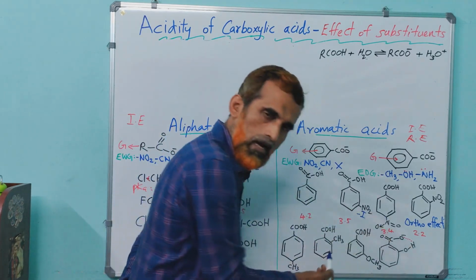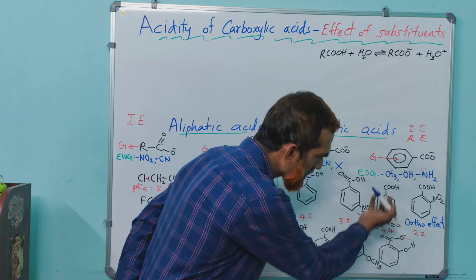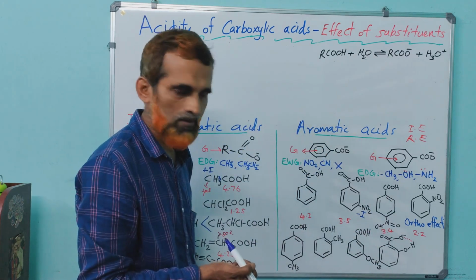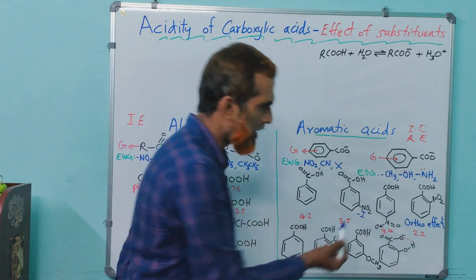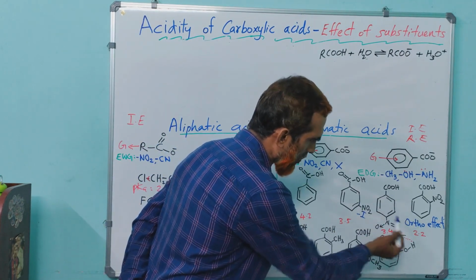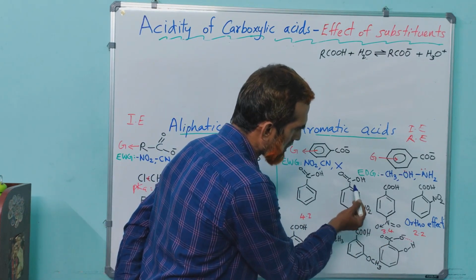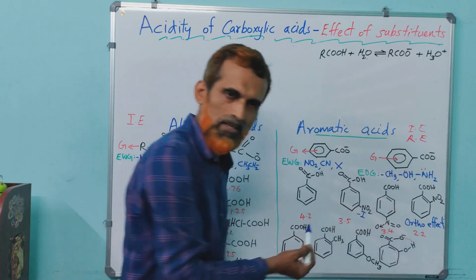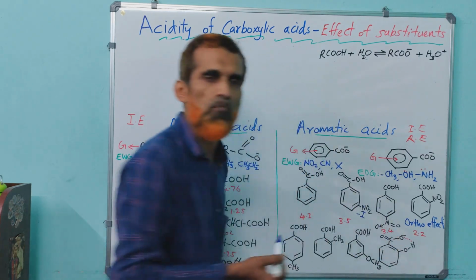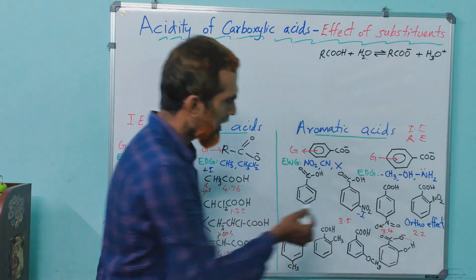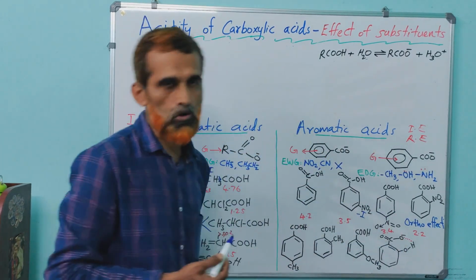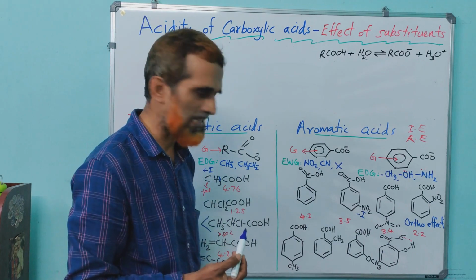When it is at para, it has minus R effect. But minus I effect is less because the distance is more. NO2 here means it is closer, here means it is farther. So minus I effect is weaker here, but minus R effect is operating. Anyway, these two are more or less having similar acidity.